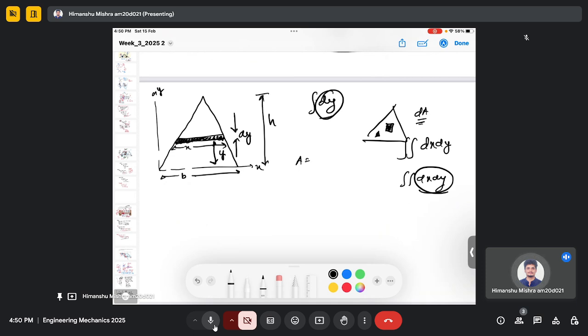So your small area can be written in terms of x dy. If you had considered this small patch, then this dA would contain dx and dy, so you would have to do the double integral to solve the problem. But since this is a line element, not an area element, you have only dy. So this small area can be written in terms of the small line element, which is dy.